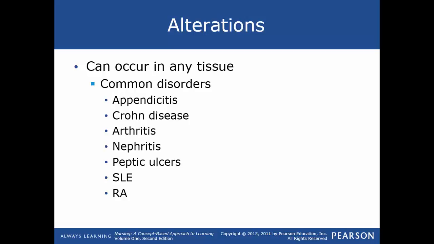You've also got lots of others that are not just disease processes, but could be allergic rhinitis, anaphylaxis, contact dermatitis, arthritis. There's lots of other ones that may occur as well, and there's a big old list in your book. I just listed some of the main ones.